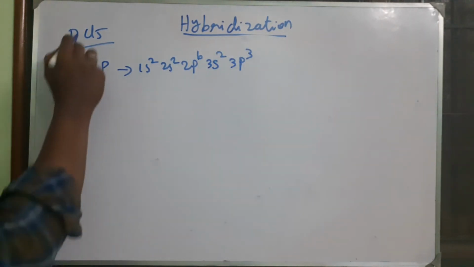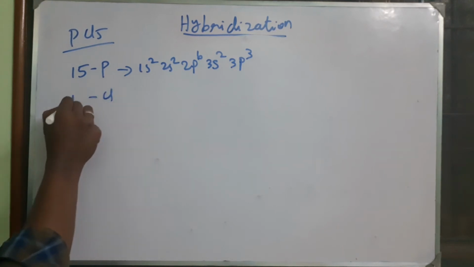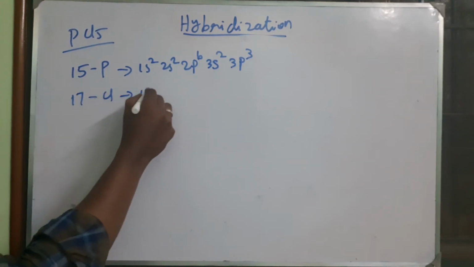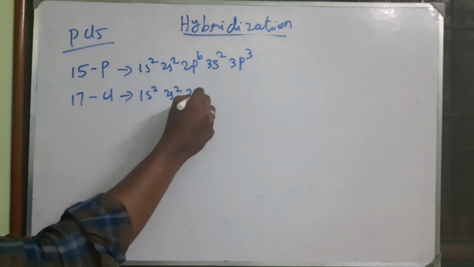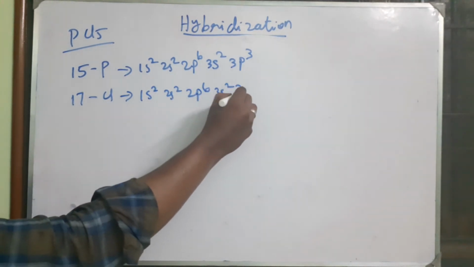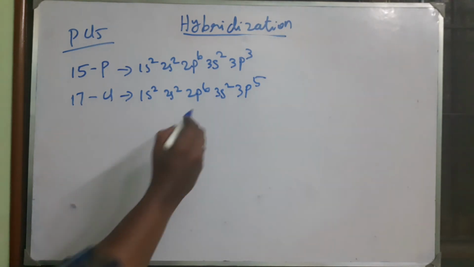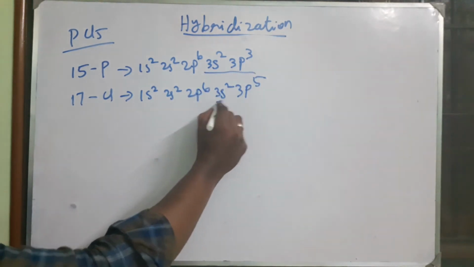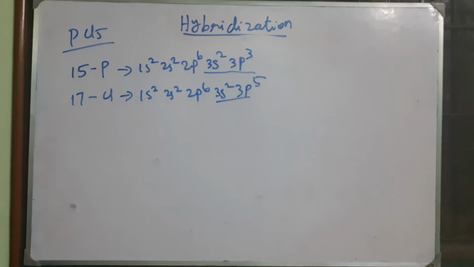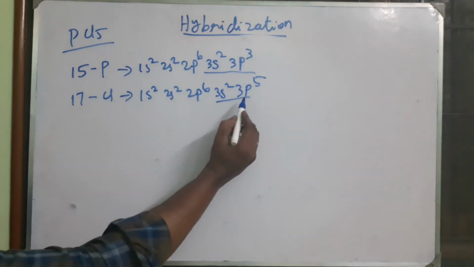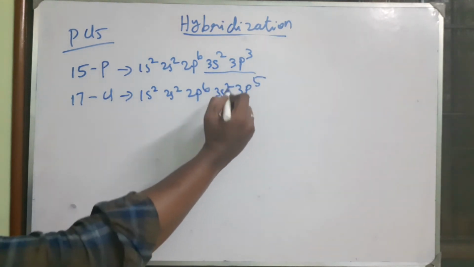Next the chlorine atom, atomic number 17: 1s2, 2s2, 2p6, 3s2, 3p5. Phosphorus has 5 valence electrons, chlorine has 7 valence electrons. Chlorine is the more electronegative atom, so chlorine needs one more electron to get a noble gas electronic configuration.